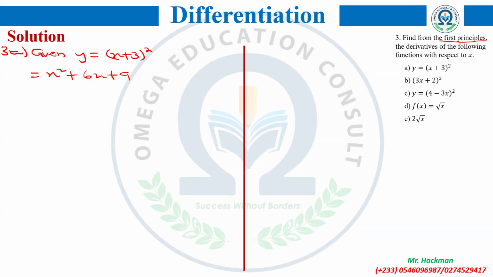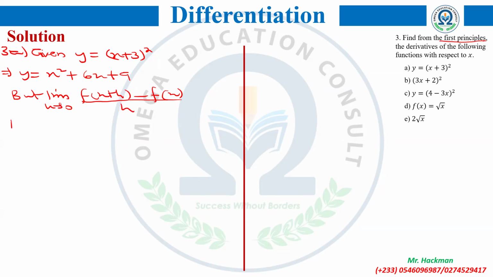Per experience, you know you need f of x and therefore f of x plus h. So in actual fact, this implies that y is equal to this. So my first principle, I have the limit as h approaches 0 of f of x plus h minus f of x all over h.